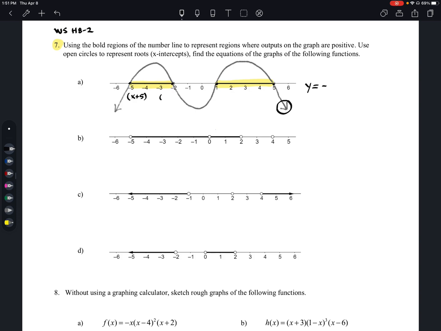At -2, we'd have a factor of x plus 2. At +1, we'd have a factor of x minus 1. And then at +5, we'd have a factor of x minus 5. Let's put it all together. So we have a negative quantity of x plus 5 times x plus 2 times x minus 1 times x minus 5.